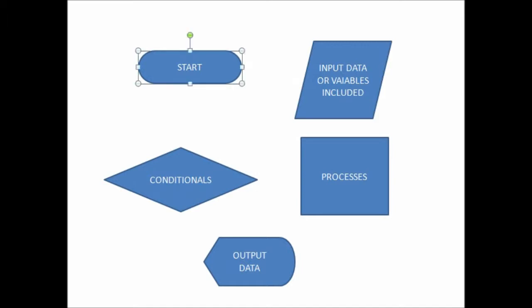We have an ellipse that is going to say the start or the end of our algorithm, a parallelogram that is going to be to input data or variables, a rhombus that is going to make conditionals or decisions, a square that is going to make the processes, and a figure to output data.